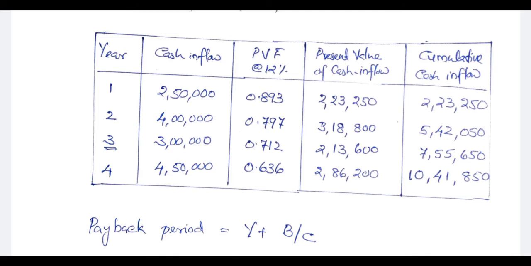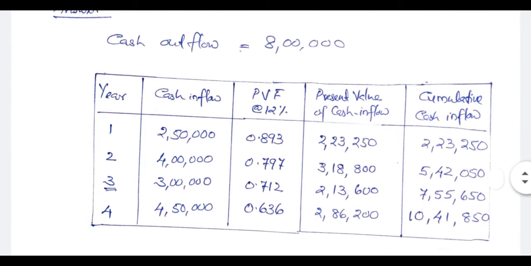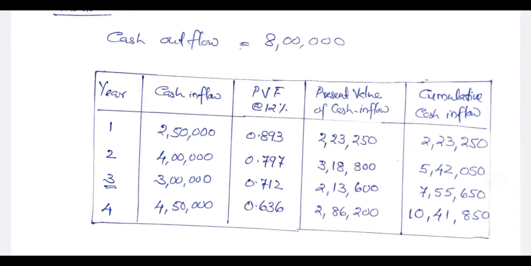So cash outflow is given as 8 lakh. So we have to find out when we can get back this 8 lakh rupees invested in this project. So from the cumulative cash inflow table we can see that we can get 8 lakh in the fourth year only, because in the third year we will get a total sum of 7,55,650 only, not 8 lakh.